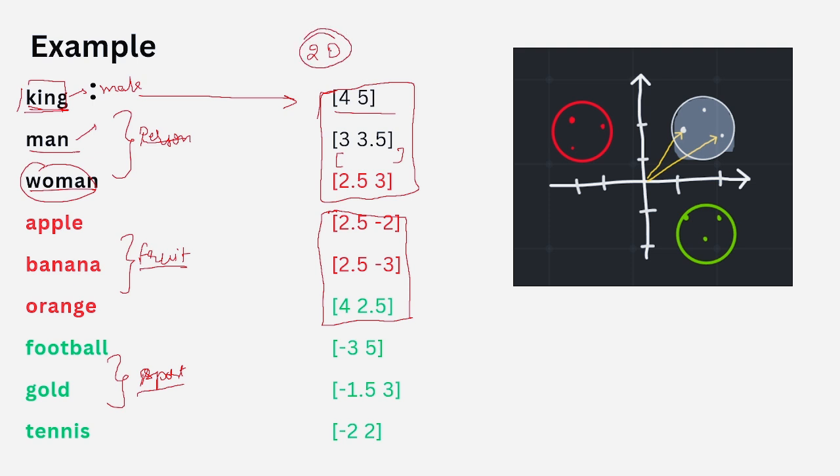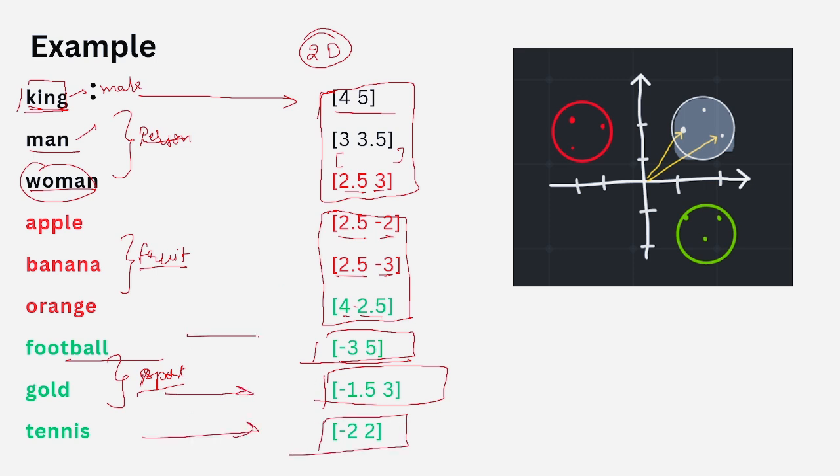Apple is represented as 2.5, minus 2, and orange as 4, minus 2.5. Football is represented as minus 3, 5. Gold is represented as minus 1, 1.5, and tennis is represented as minus 2, 3.